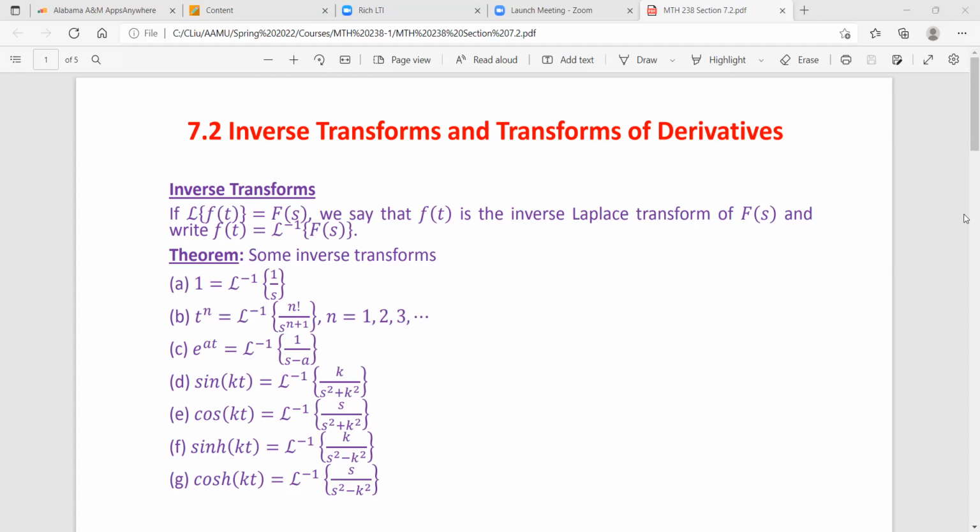Lastly, the inverse Laplace transform of s over s squared minus k squared is cosh kt. So there's nothing really new here. We just rewrite formulas backwards from the last section. Any questions about this theorem? If not, let's go to the next page.